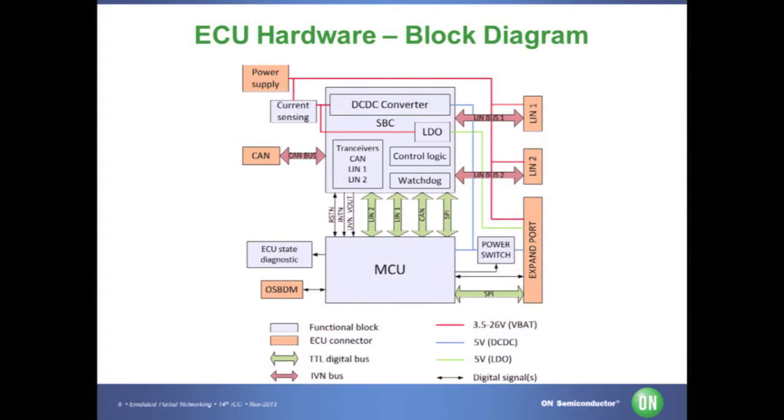Maybe here I would like to point out that we used a DC-DC converter instead of a linear voltage regulator. There is, of course, an advantage of a DC-DC converter. It is more efficient, and it helps in a way to improve the efficiency of the system.